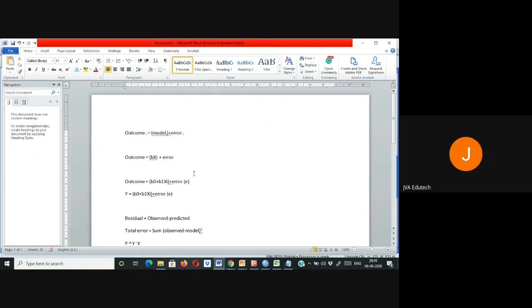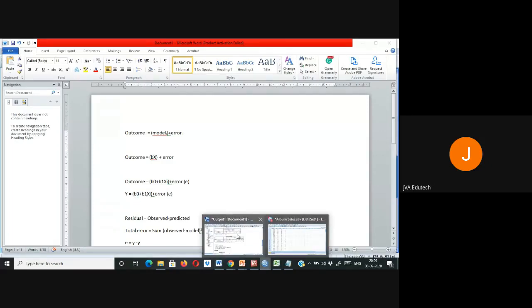What is the value of B0 from this table?